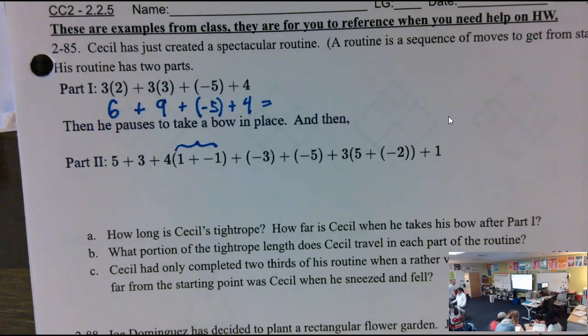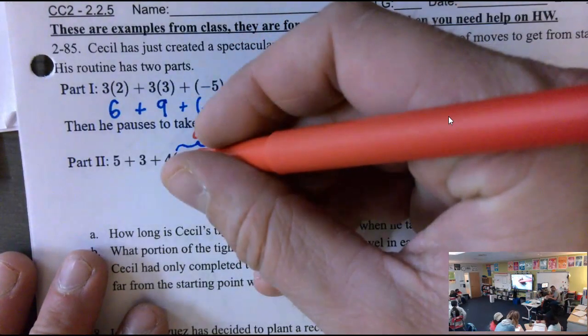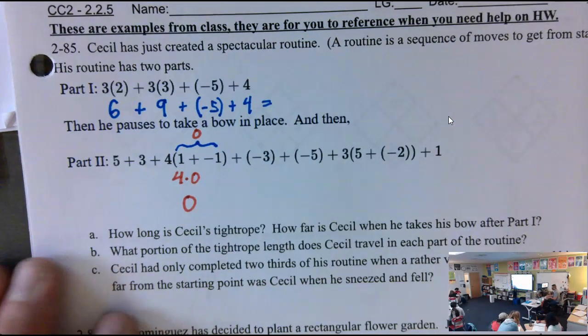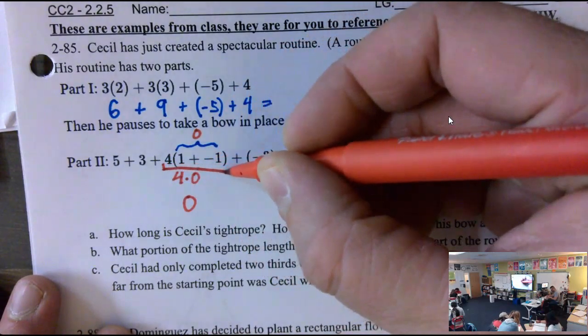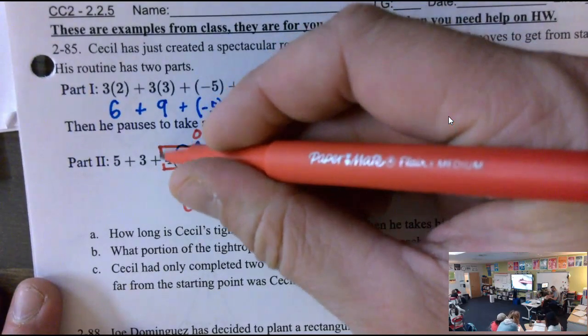Hold on just a second. Guys, what is a positive 1 with a negative 1? 0. And then, what is 4 times 0? 0. So be careful. This whole thing is 0. This entire little section right here is 0.